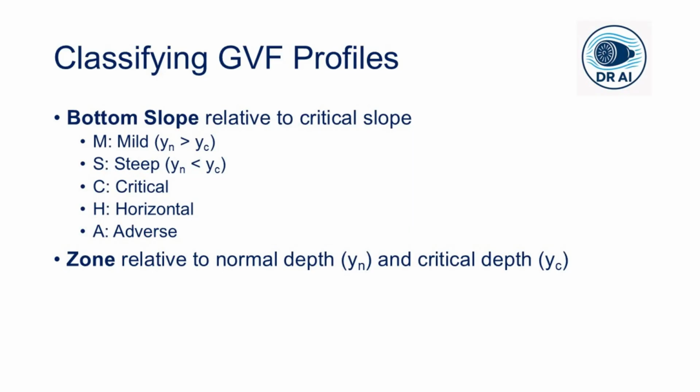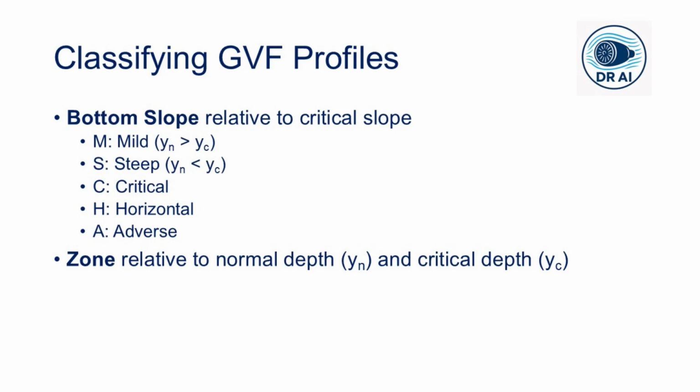Number one is the slope of the channel bottom relative to the critical slope, which is the slope that would produce critical depth for a given flow rate. And the second one is the zone in which the profile lies relative to the normal depth, which implies the depth for the uniform flow, and the critical depth.